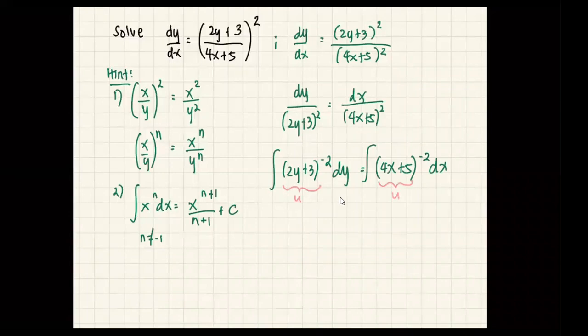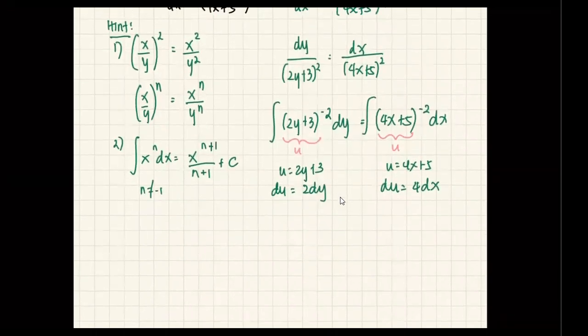So, we have u is equals to 2y plus 3. So, du natin dapat ay 2 dy. At sa kabila, u natin is 4x plus 5. So, ang du natin should be 4 dx.